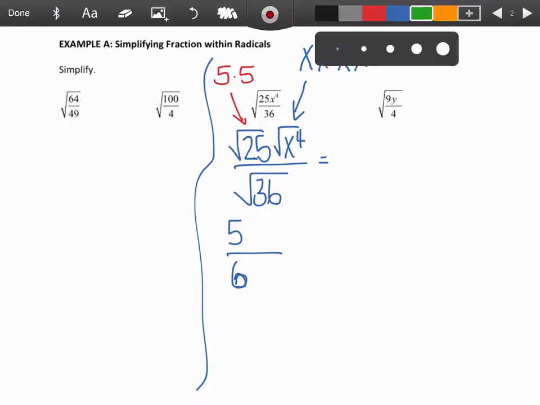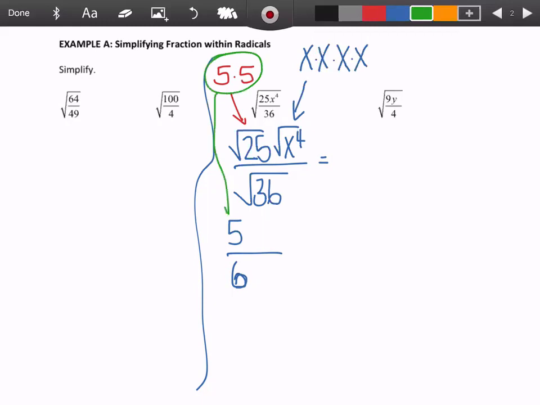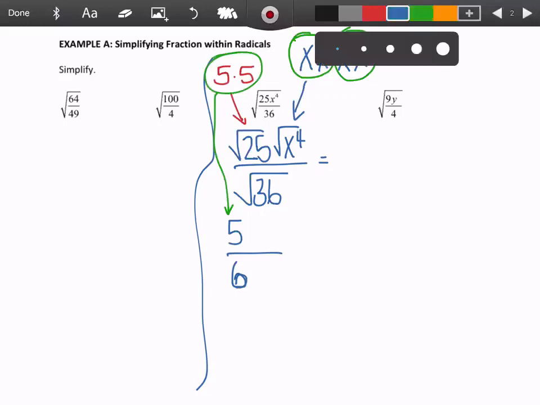We see 2 5s there, and only 1 5 gets written out front. So it's the same thing with the x's. We're going to group them because it's a square root. We're going to group them in groups of 2. So circle your groups of 2, and there are 2 groups of 2 x's.